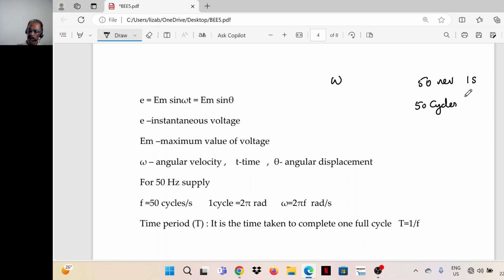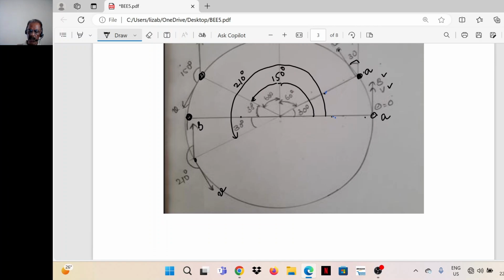So one revolution means, what is the angle through which the coil or the conductor moves? When one revolution is complete, the angle through which the conductor moves is 360 degrees, which is equal to 2 pi radians. 360 degrees equals 2 pi radians.